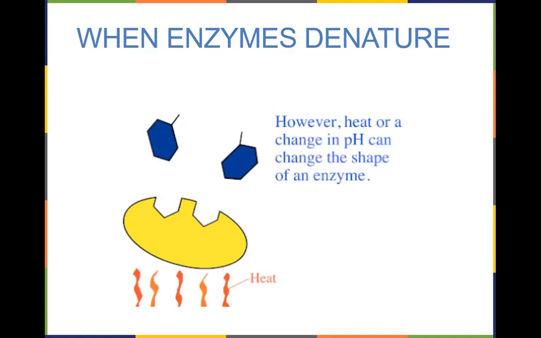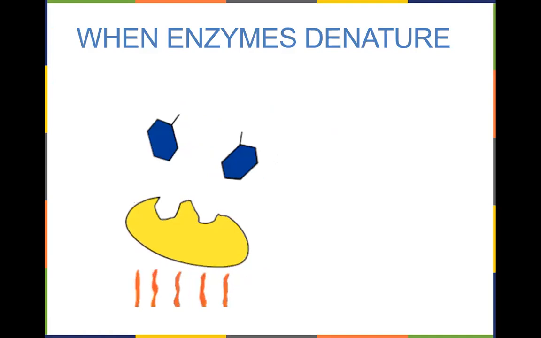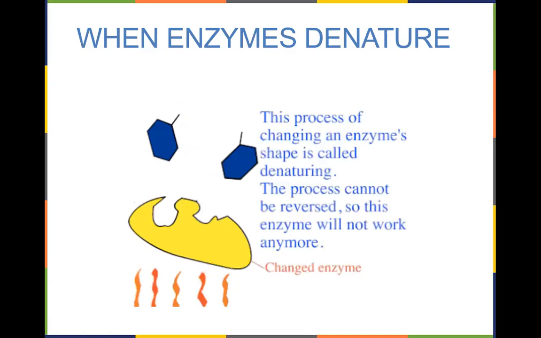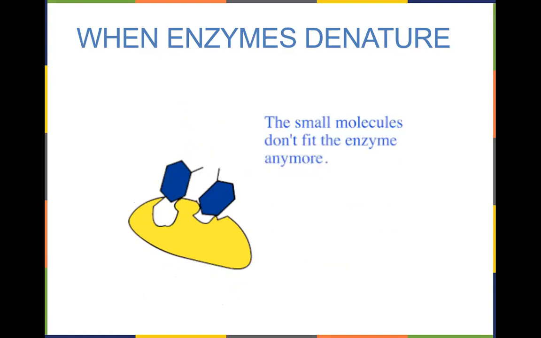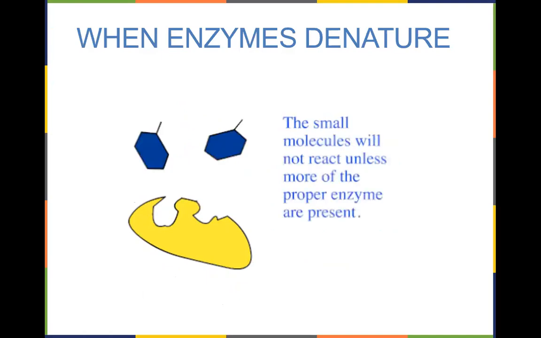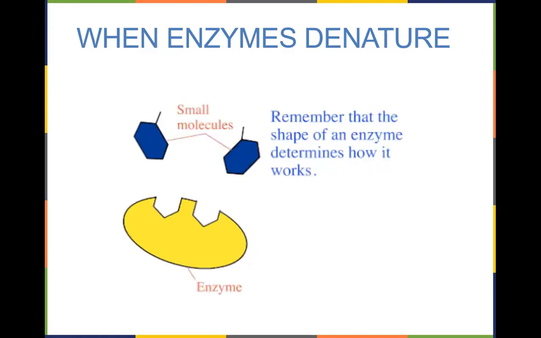But suppose we heat up the enzyme, or cool it down. The shape of those active sites where the reactants would land is altered, and they don't fit correctly anymore. The reactants haven't been changed, but the protein has. And so the enzyme is no longer able to do its job.